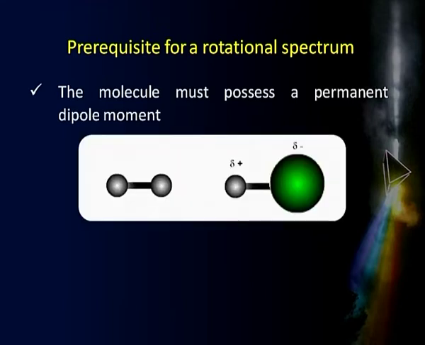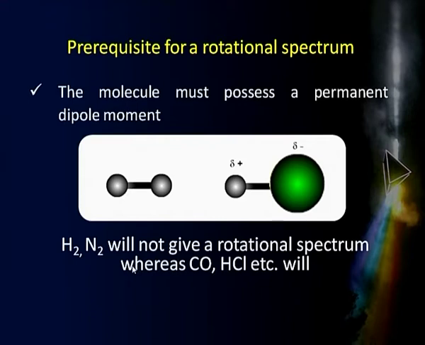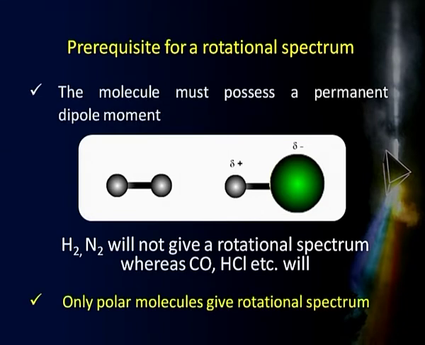That means homonuclear diatomic molecules like hydrogen and nitrogen will not give a rotational spectrum, whereas heteronuclear molecules like HCl, HBr, carbon monoxide, etc., will. The basic thing is that the molecule must be polar to give a rotational spectrum.